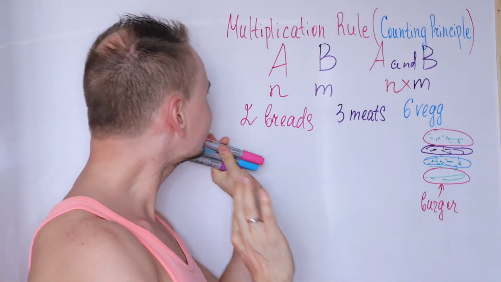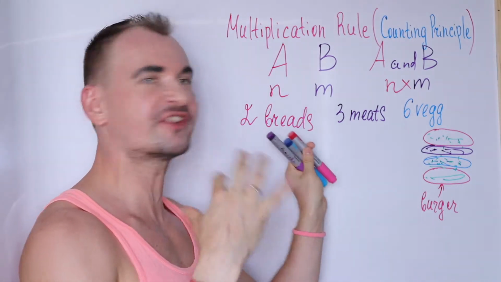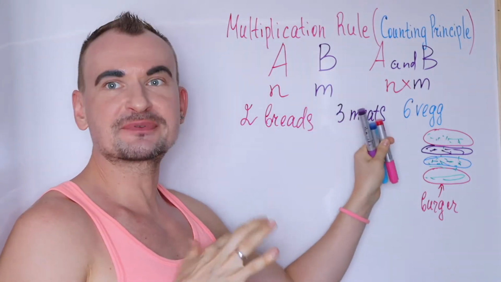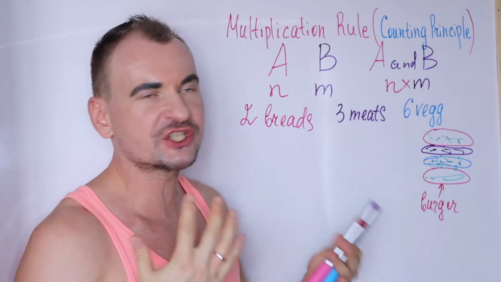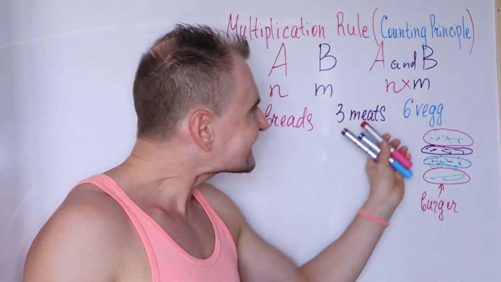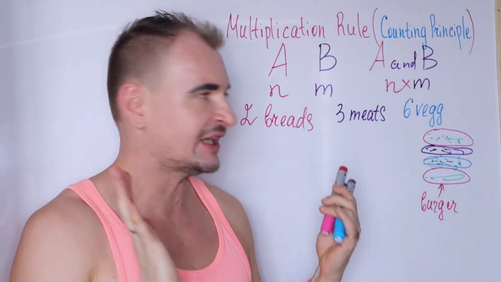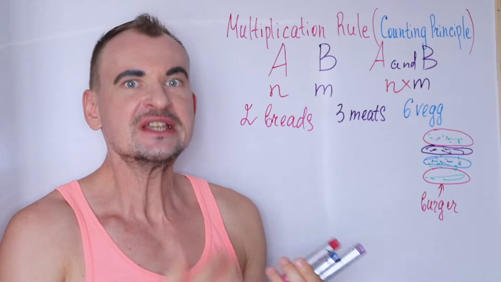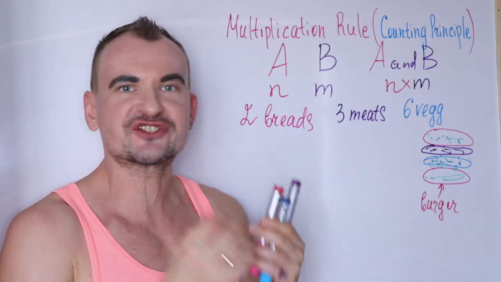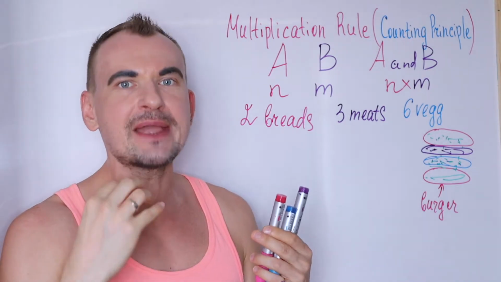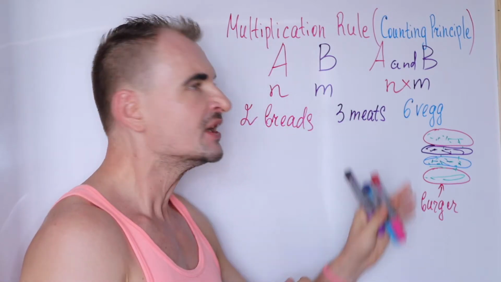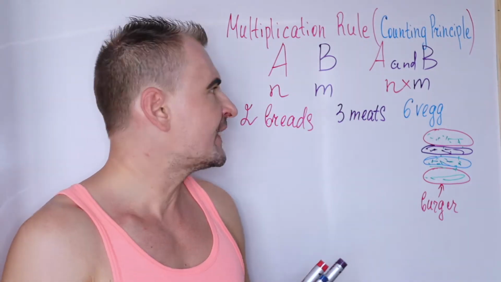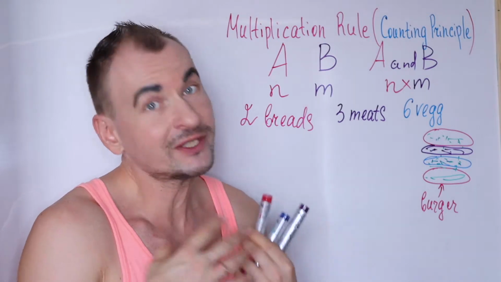Suppose you have been given 2 types of bread, 3 types of meat, let's say pork, chicken and beef, and 6 veggies. So the question might be raised, in how many different ways can a burger be made from these items or ingredients?